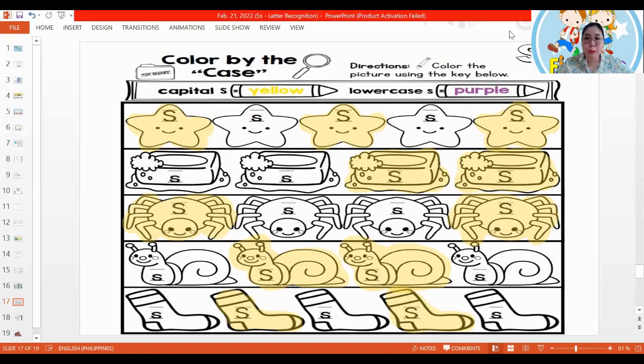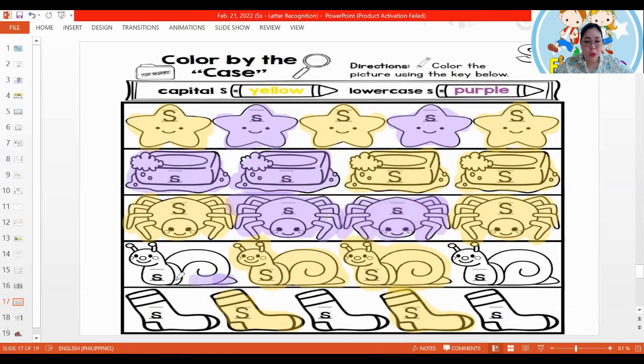Now let's get color purple and color all the lowercase letter s. So we also have 2 lowercase letter s stars. 2 lowercase letter s soaps. We have our lowercase letter s spiders, also 2 of them.